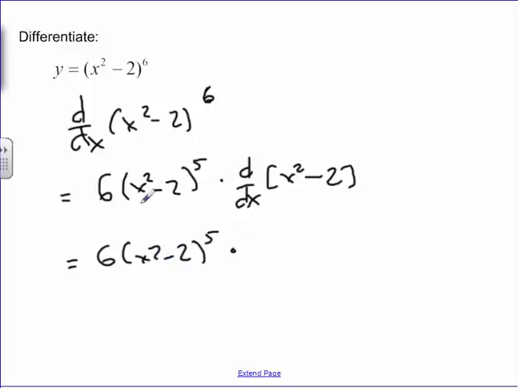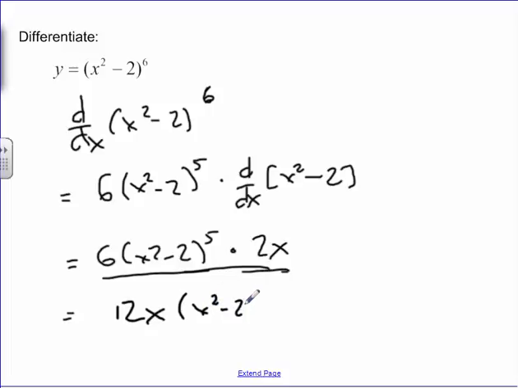So I can write the first section again, it doesn't change, but then the derivative of this last little bit is 2x. I would be content if you stopped there, but some people would write it as 12x times x squared minus 2 to the 5, and that would be your derivative. I just took the 2 and multiplied it by the 6 in front.